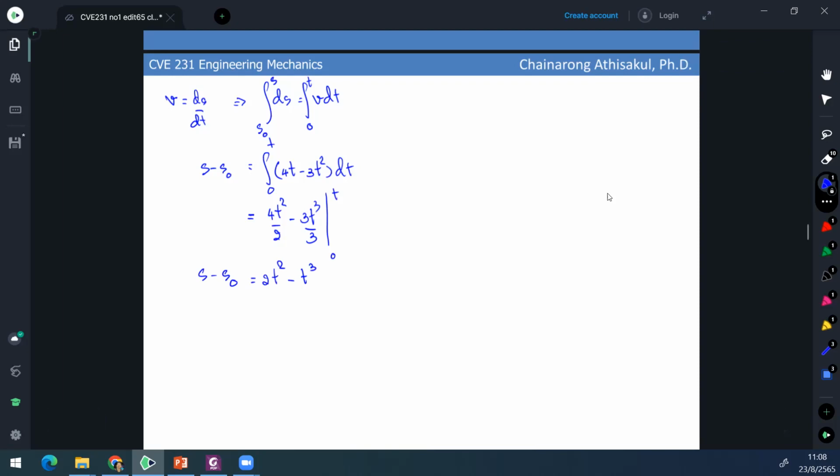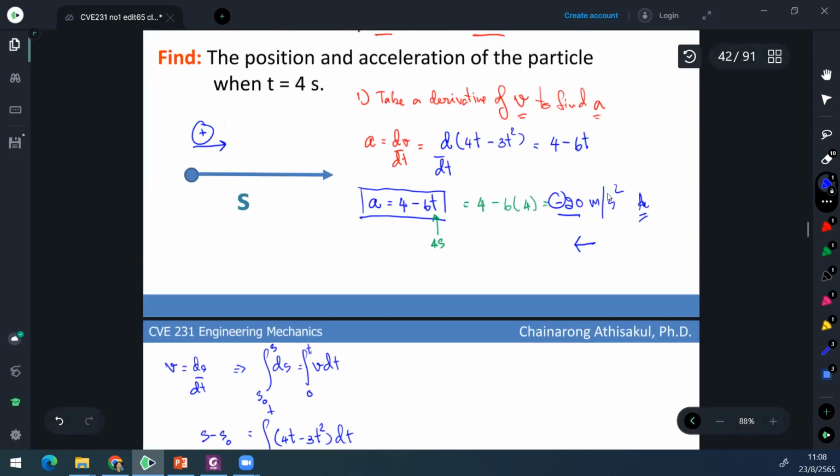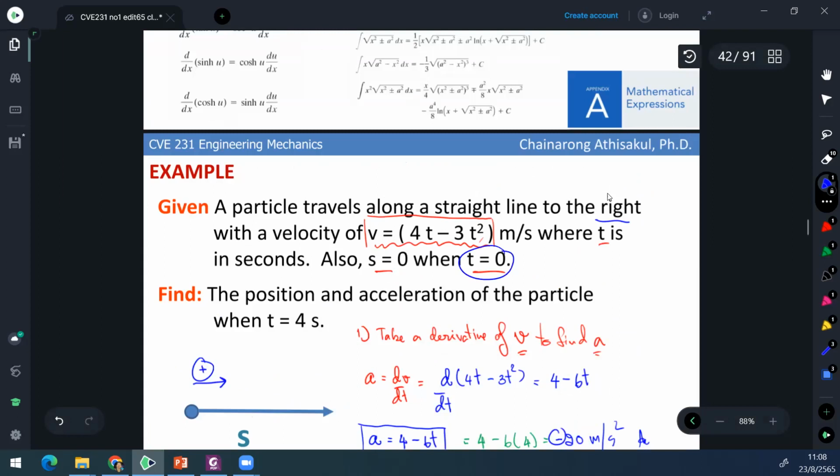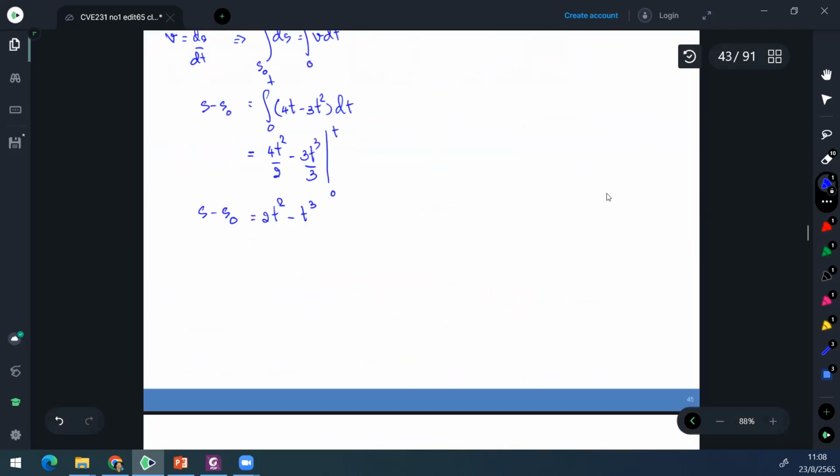From the problem, when time equal to 0, s equal to 0, so s0 is equal to 0, right? From this, we obtain that s equal to 2t squared minus t cubed.